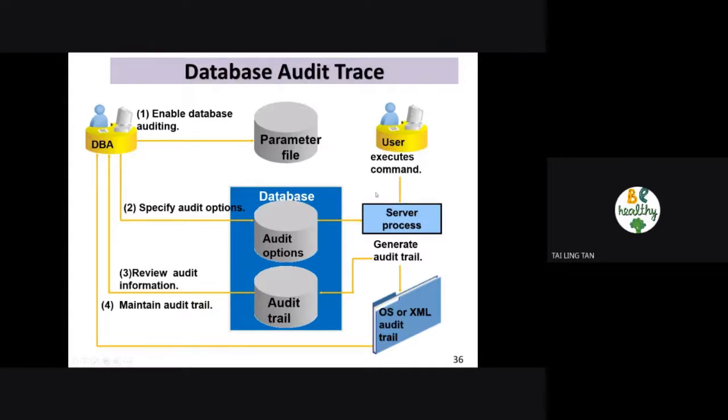So the user will still be there even after a few years. Okay, so this is what we call the audit trace. We try to check whether every process or every sequence is on the right track or not, and try to set everything correctly.